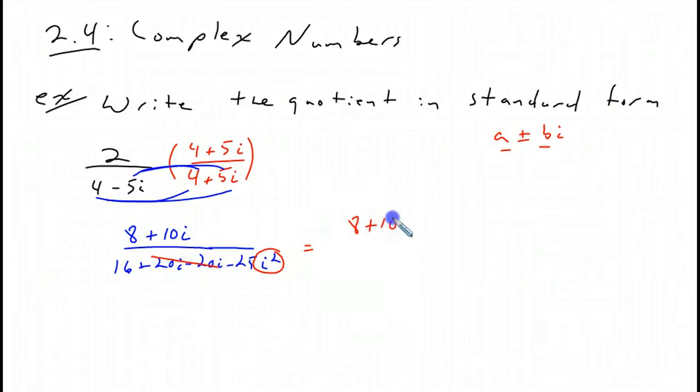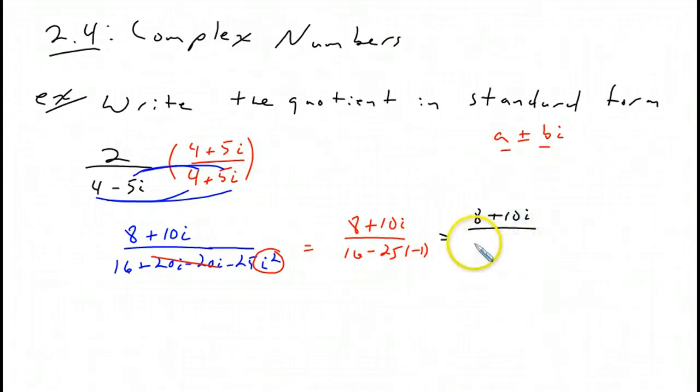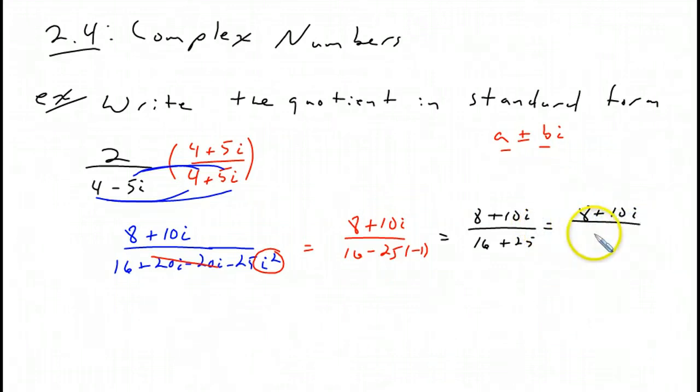So 8 plus 10i is still on top, over 16 minus 25 times negative 1. So really all this is 8 plus 10i over 16 plus 25, and simplify. So 8 over 41 plus 10i over 41. And there it is. I have gotten rid of the i's on bottom, and that's all I need to do.